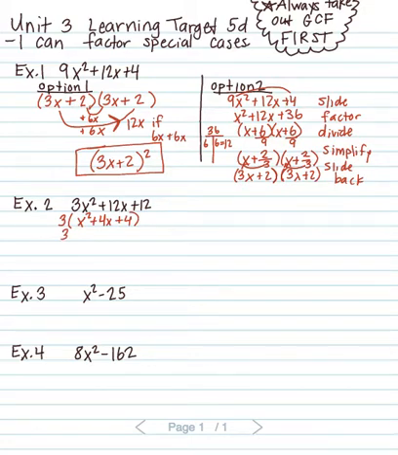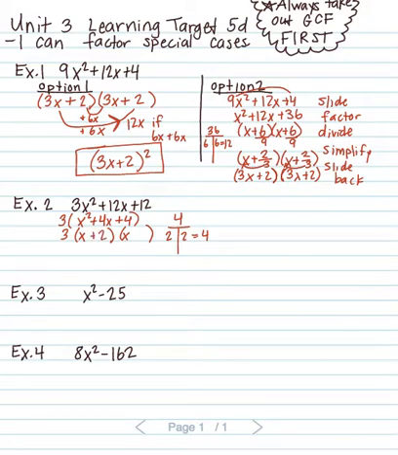Now, since we took out the greatest common factor, our a value is 1. So the good thing is we don't have to slide and divide or guess and check. We know x squared is from x and x. What multiplies to get us 4 and adds to get us 4? So we know 2 and 2 multiply to get 4, and added together they also get you 4.